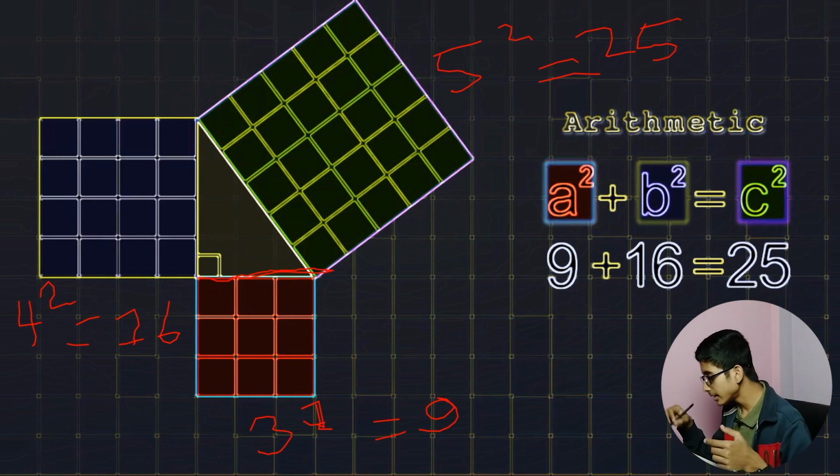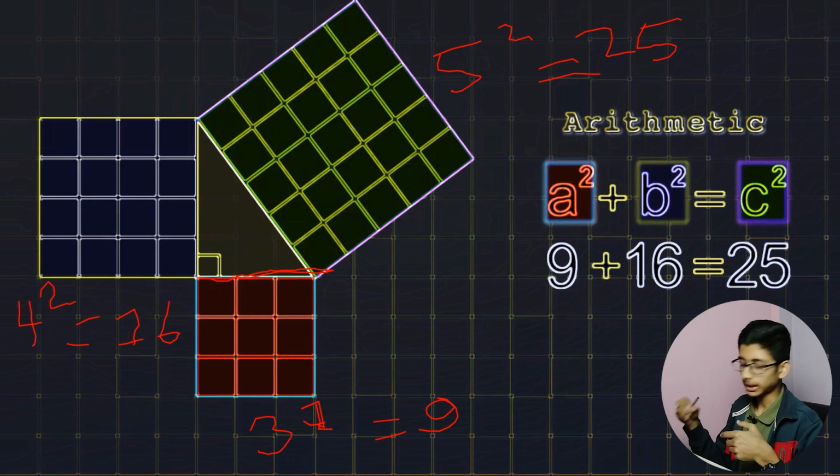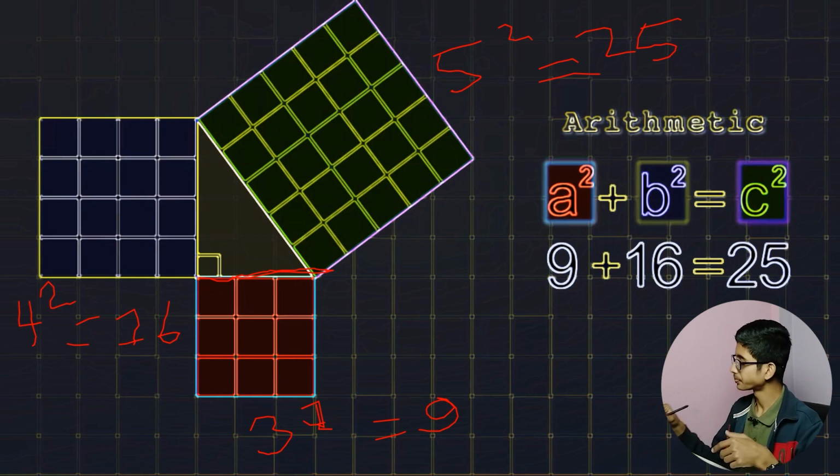So, here you can see what we have done: according to the Pythagorean theorem, we put a square on the two legs and also on the hypotenuse.